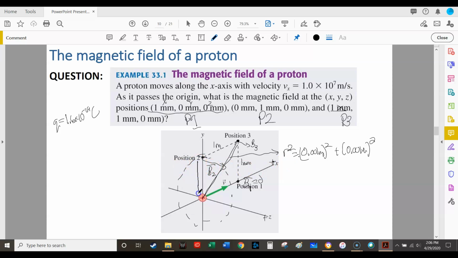This distance right here for position 2, and I'll denote this as R3. Position 2 is just going to be, if I square that, just to be consistent, 0.001 meters, then I'm going to square that whole thing.